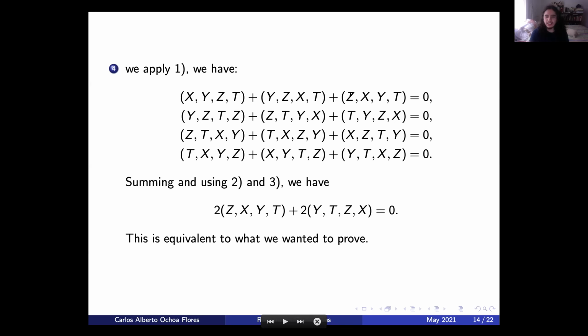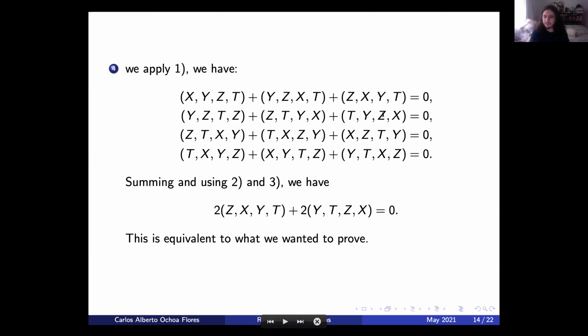So this term here, zeta x y t, goes with this one, right?